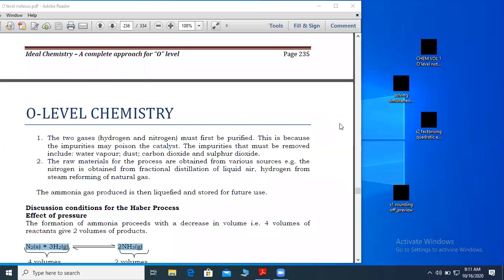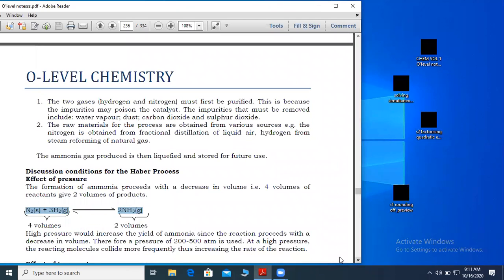And finally? Low temperature of 400 to 500 degrees Celsius. Okay, but I think it is 400 to 450. So those are the 3 conditions she has answered, and there is nothing more.